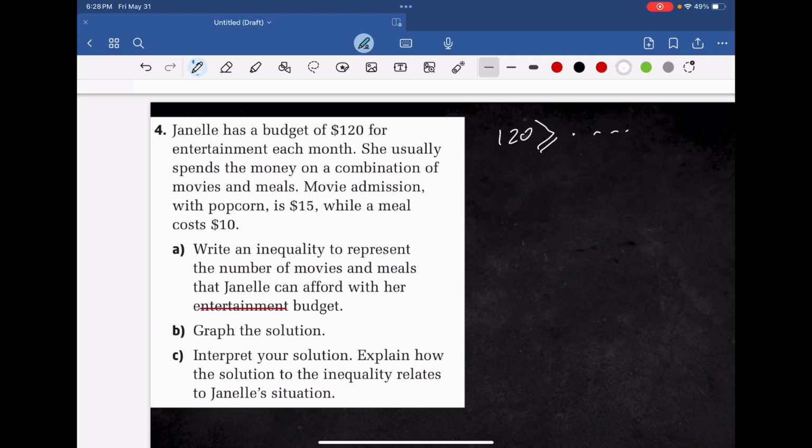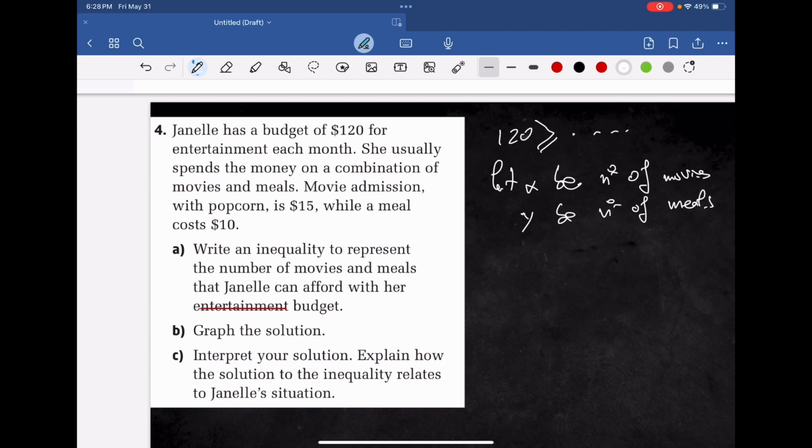Now I will let x be the number of movies and y be the number of meals.